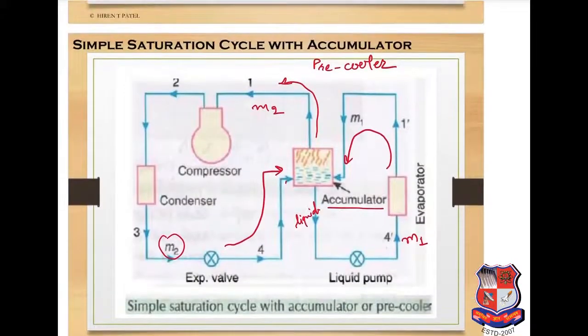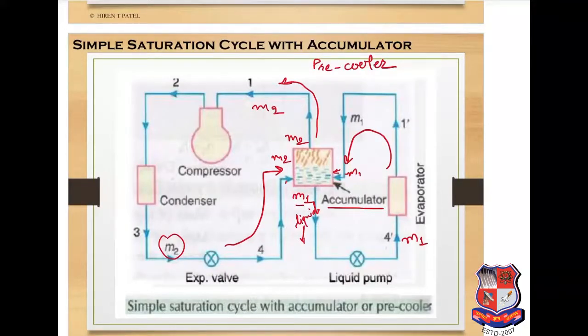Here we can see that M2 is entering and M2 is rejecting, and here M1 is exiting and M1 is entering. So liquid plus vapor, that is M1, is entering inside the accumulator after the evaporator, and M1 amount of liquid is transferred to the evaporator.